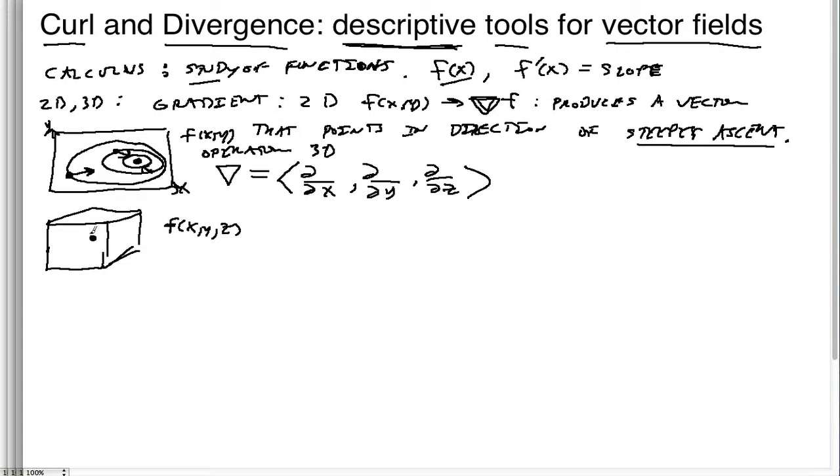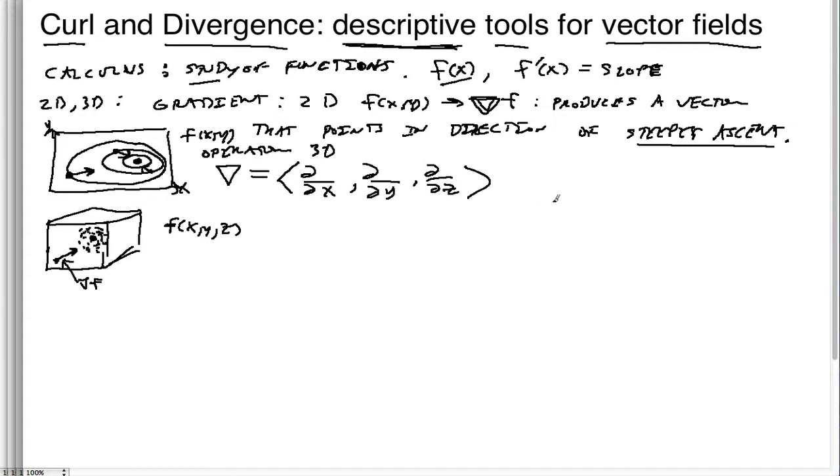So if in one point of space there's a whole lot of this one quantity, think of it as kind of like a cloud. If I'm at a point over there, the gradient vector is essentially going to point towards that higher concentration, right? So that's the idea of the gradient there. So if f is the concentration, the gradient will point towards that. Again, another useful tool for describing either volumes or surfaces or functions in 2D.